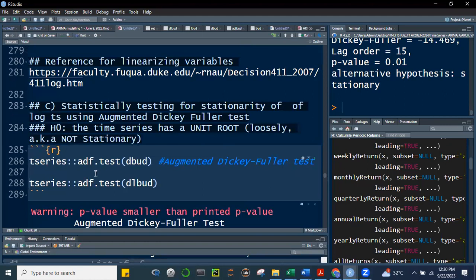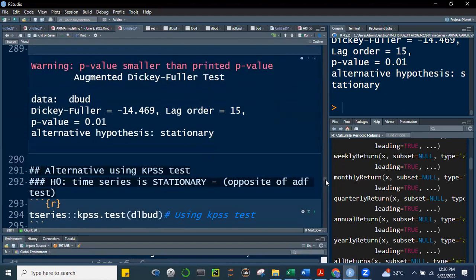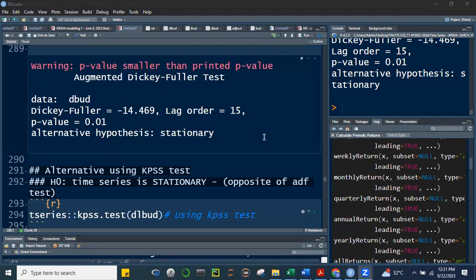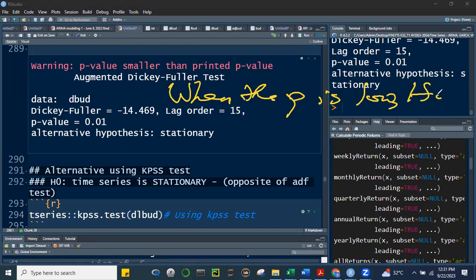So based on this augmented Dickey-Fuller test, what's our conclusion, class? Since the p-value is 0.01, what is our conclusion? In stats, we say, when the p is low, the null must go. That means we reject the null.